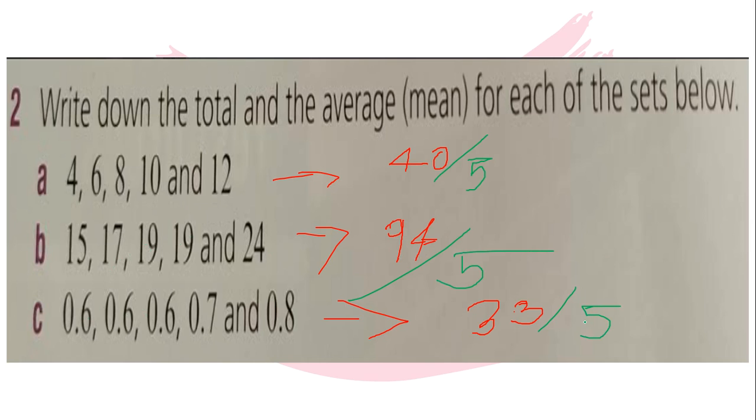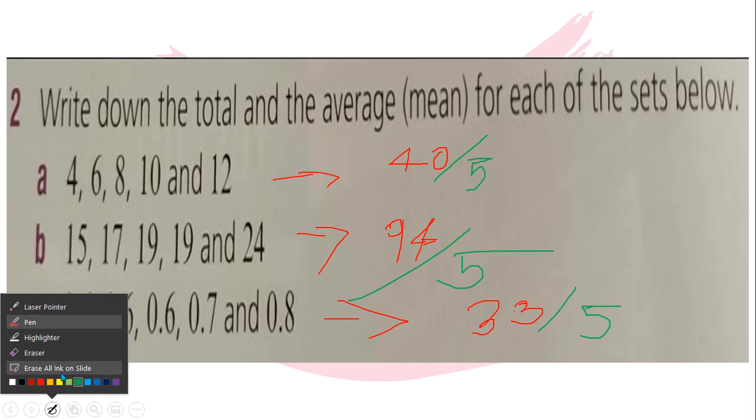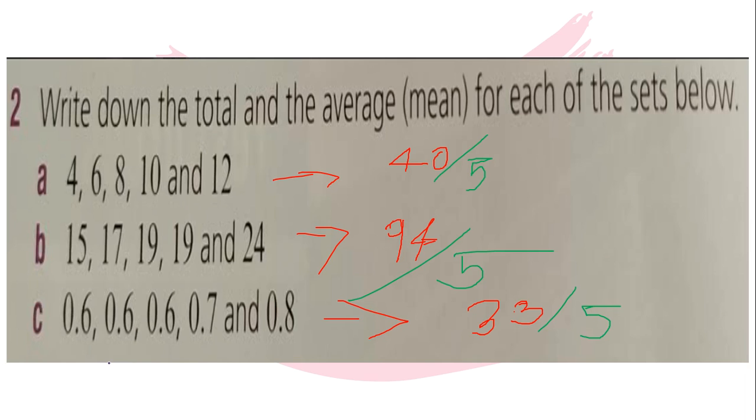So for question 1, when you divide 40 by 5, you all get 8, right, guys? And then for question B, when you divide 94 by 5, it comes up as 18.8.